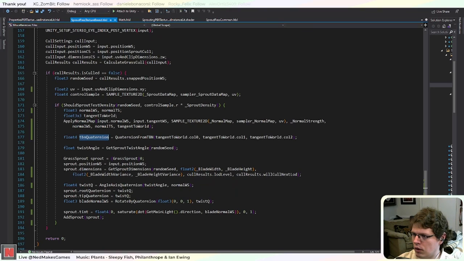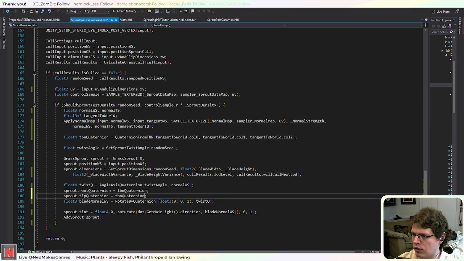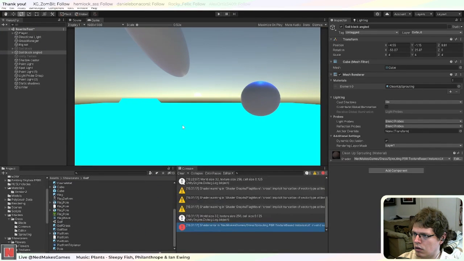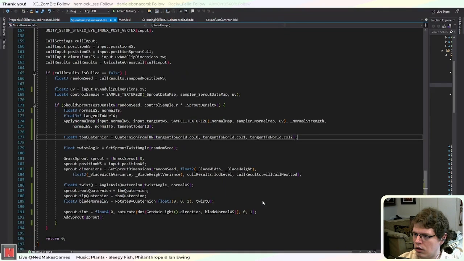Okay, so we just want to set this to this vector, or this quaternion. Okay, so I can't even grab it like that.